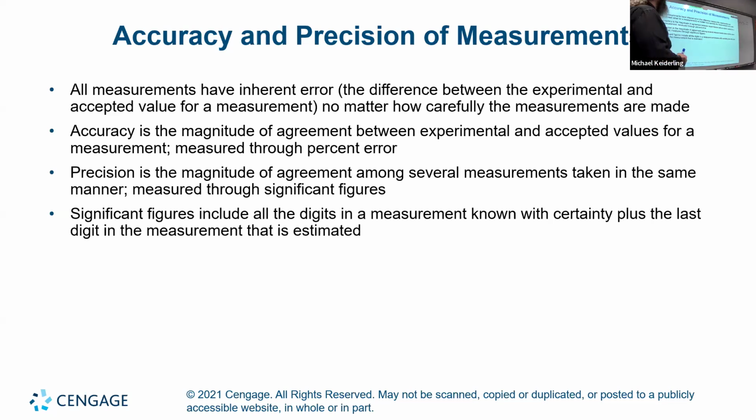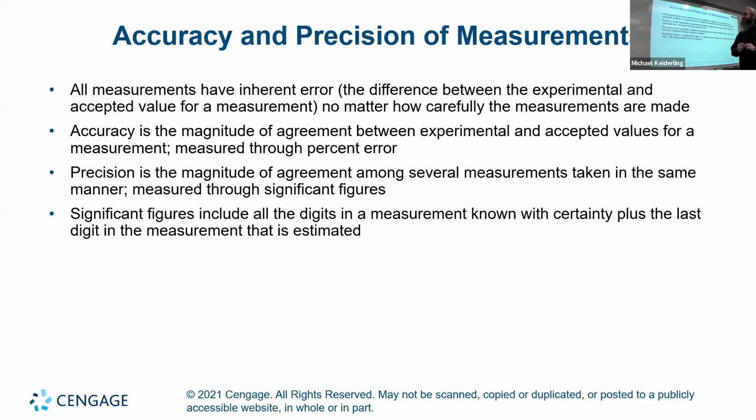Precision is the magnitude of agreement among several measurements taken in the same way. Precision is how tightly grouped your measurements are. So you can make measurements that are very precise, but not very accurate.